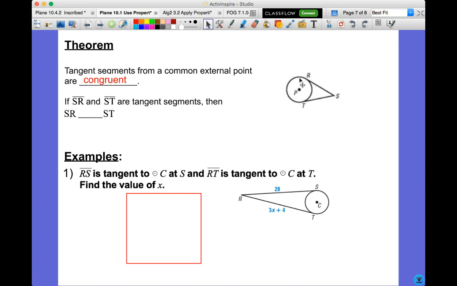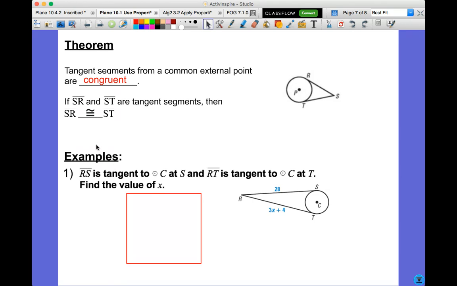You can think of this as one of those little birthday hats that they give you, or like another video that I showed you where S would be the satellite and circle P would be Earth, and arc RT would be showing us the surface that is covered by that satellite. So if line segment SR and line segment ST are tangent segments, then SR has to be congruent to line segment ST.